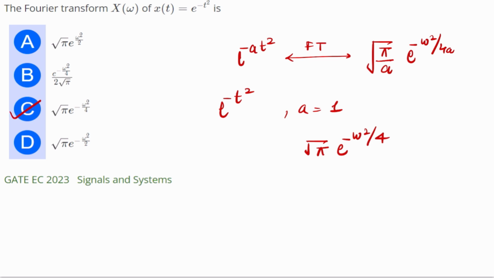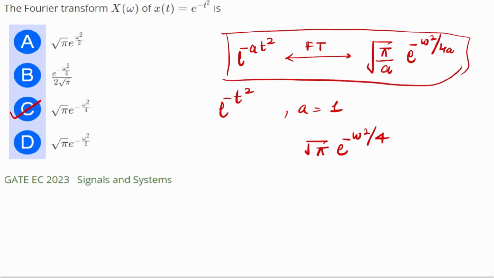If you know the standard transformations, then this becomes an easy question for you. If you don't know, of course, you will struggle to find this Fourier transform, and eventually you will not even get it, right? So the best way is to just learn the standard transformations, and this is a recent question from GATE 2023 only.